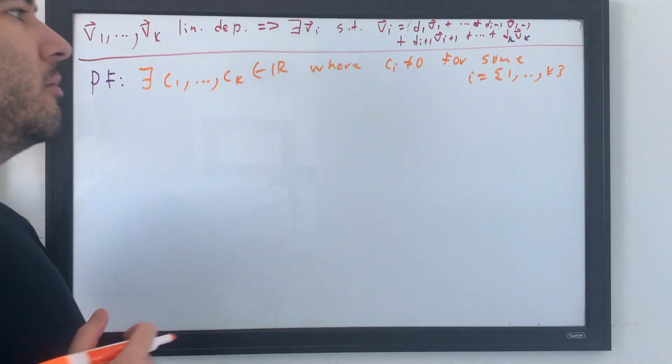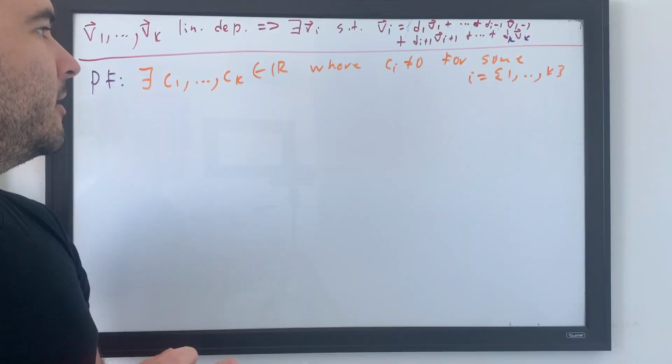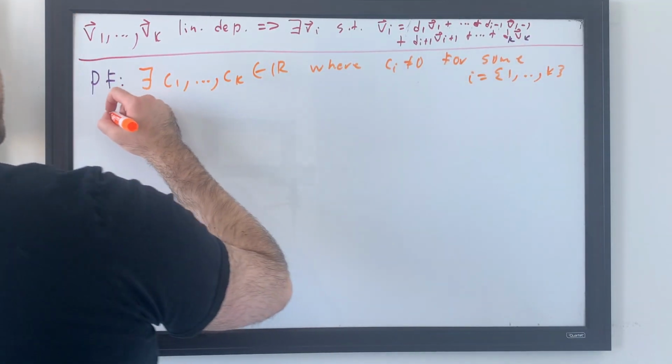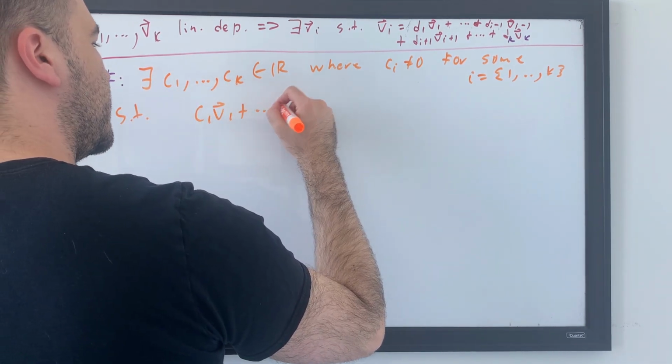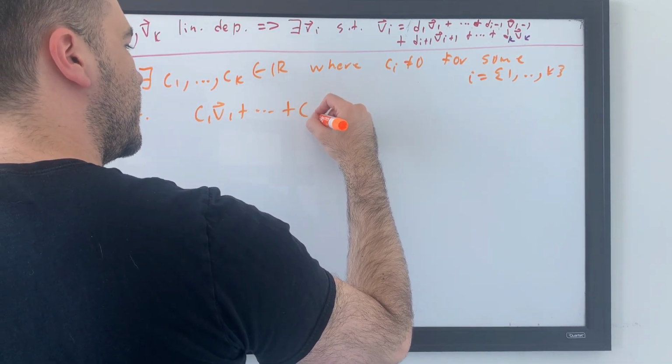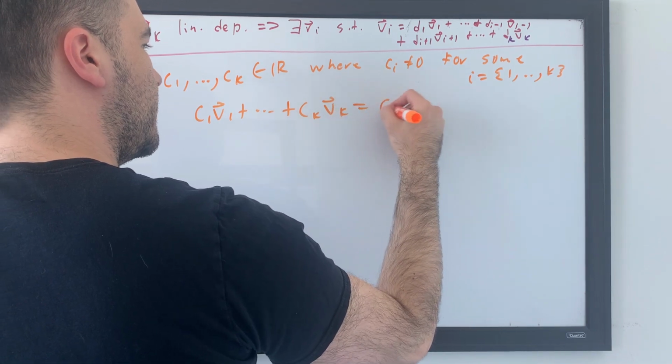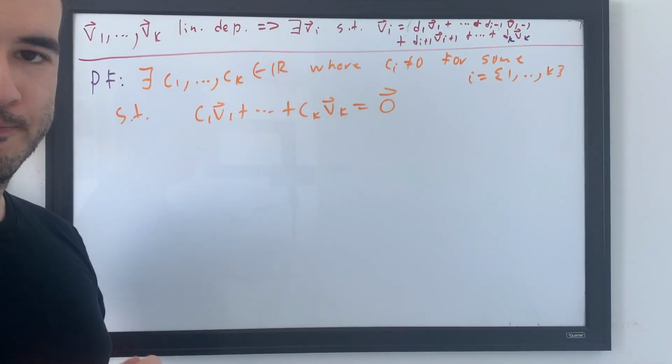We don't know which one, but we know there is at least one, such that c1 v1 plus all the way to ck vk is equal to the 0 vector.